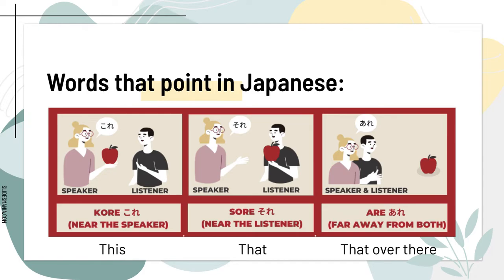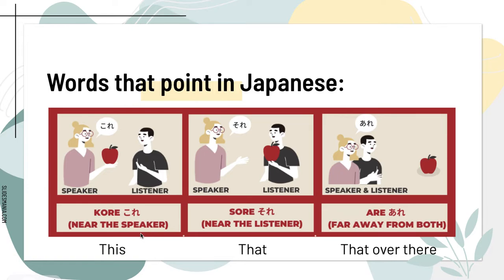So, how do we point in Japanese? これ、それ、あれ mean this, that, that over there. As you can see from the picture, if the speaker is holding an apple or an object she wants to explain, you would use これ because the thing is near the speaker.